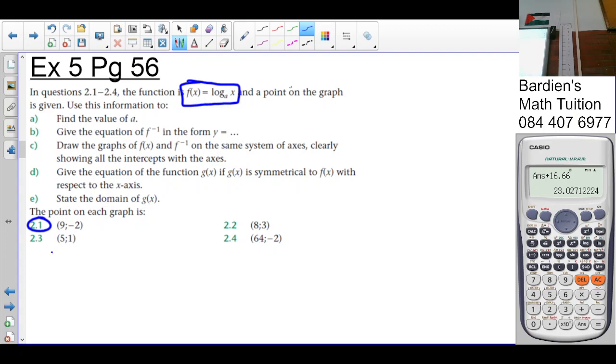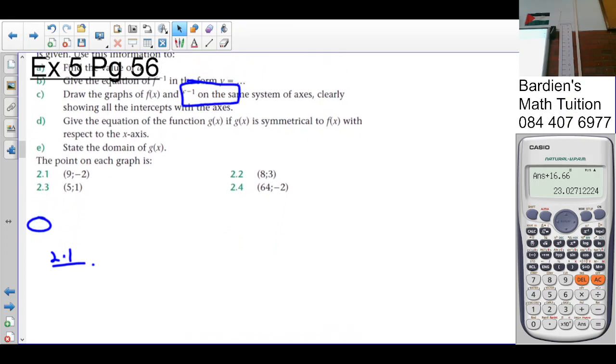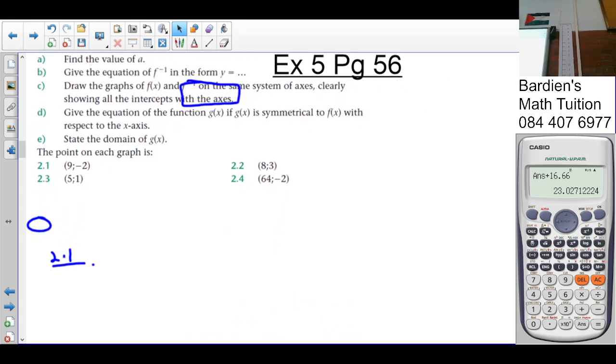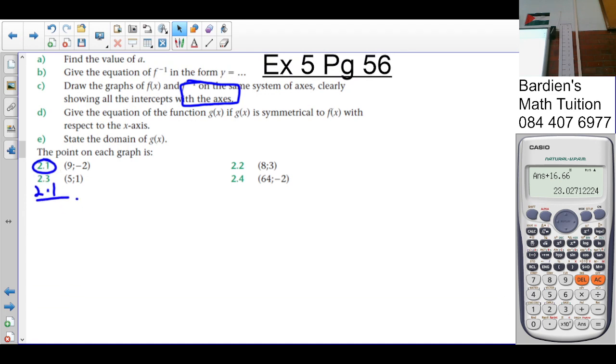So what do we say for 2.1? I'm going to move everything up a bit. Remember, that was the graph f of x equal to log x base a.